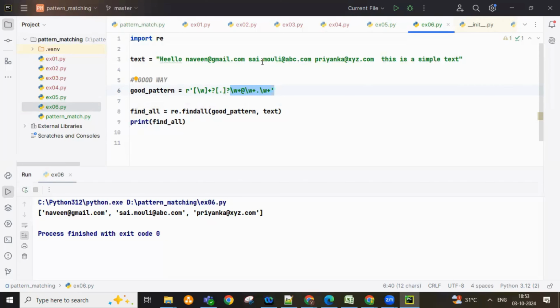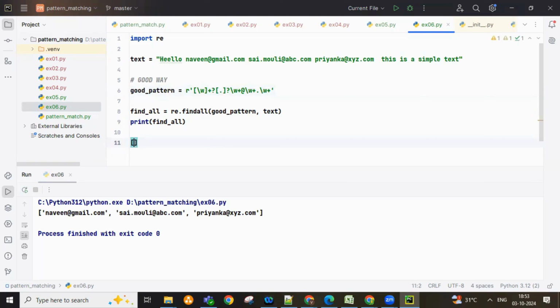But to work on this, Sai dot, for this word and the dot, we need to put like this. So in the previous example, we have clearly understood slash w means... not sorry, plus. We understood that when you do a plus, it means one or more repetitions, right? And here, what does this mean?